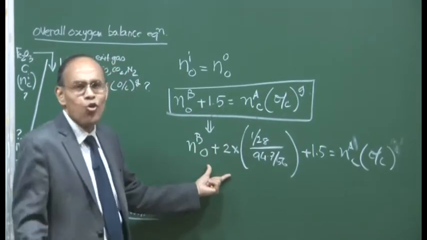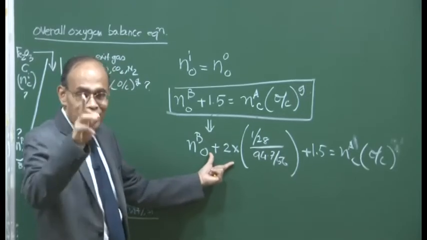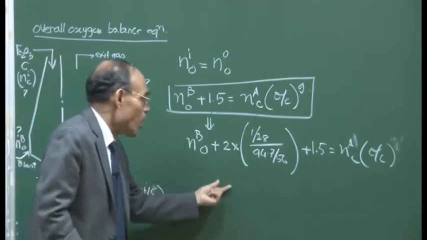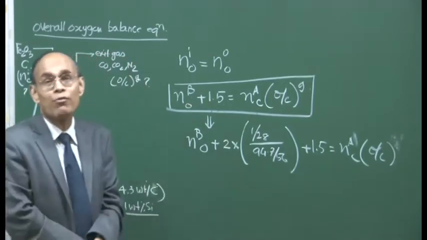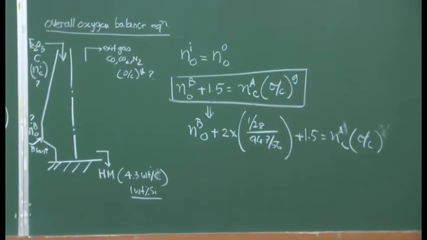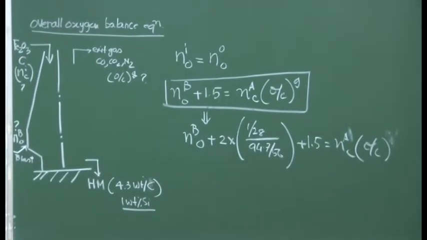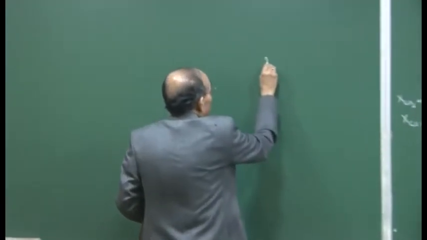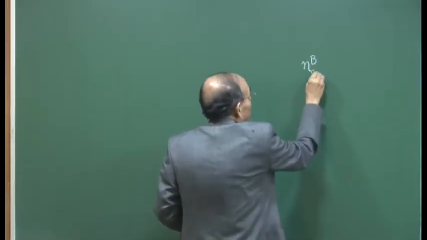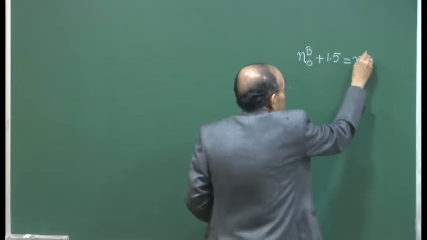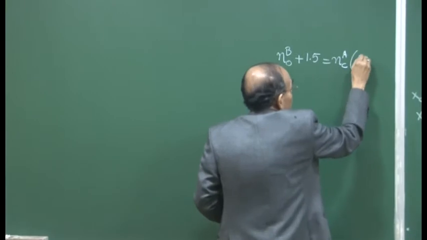I have just shown, as a typical example, taking one single complexity into the process, but you can keep on building one term after another, depending on what physics you want to embody in the overall oxygen balance equation. So, let us consider ideal blast furnace operation: NOB plus 1.5 is equal to NaC into O by C gas.